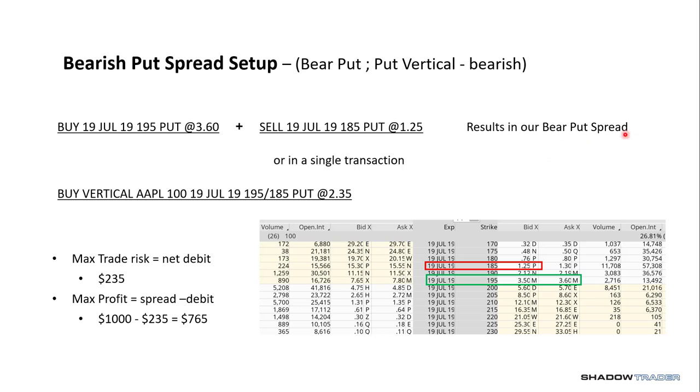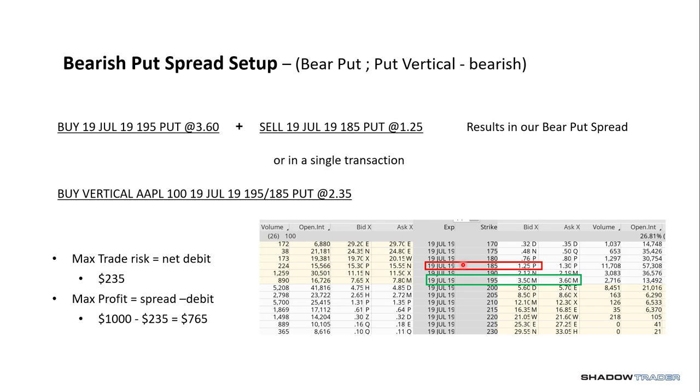I now have a put spread. If you put it into a single transaction that shows up on the platform, you buy to open a vertical of a 195, 185 put at $2.35. $3.60 out of pocket, $1.25 in pocket gives you that $2.35 debit.